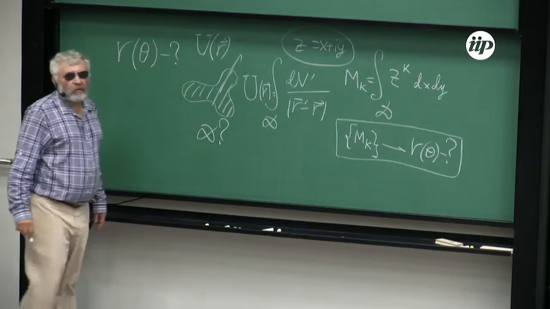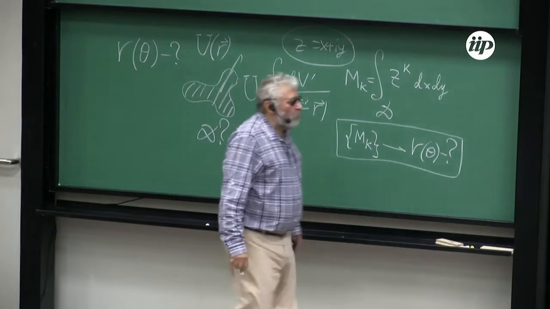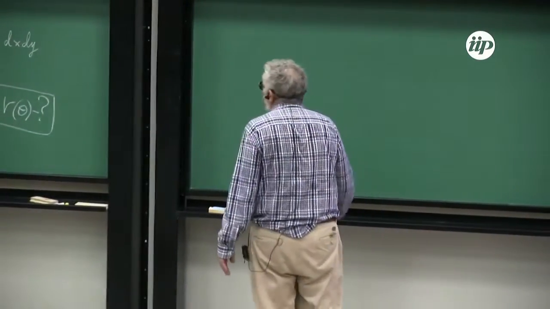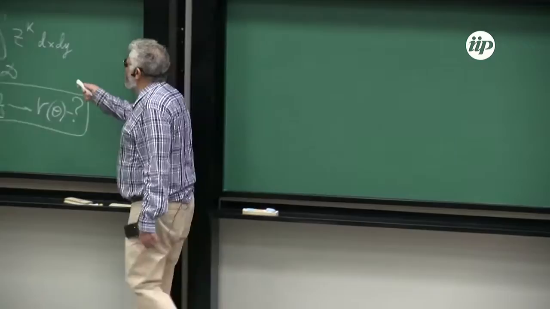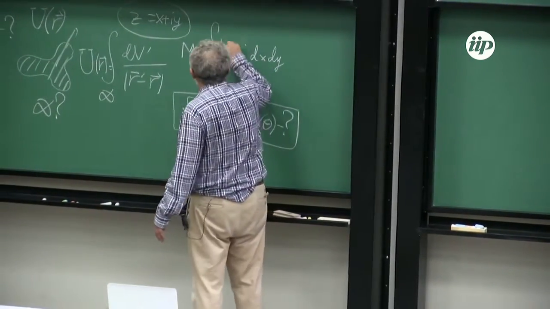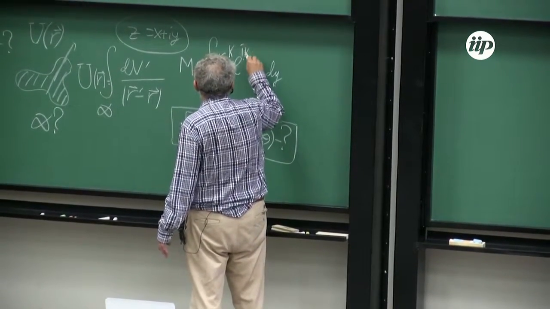How to do that? Well, I don't want to drag you into details, but all I wanted to say is that I replace Z by R to the power k times exponential of ik phi.